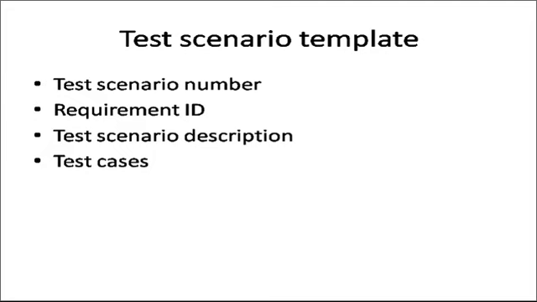Then write all those test scenarios in the test scenario template, and finally get it checked by your friend, your classmate, and finally your course teacher. So in this way, in this video we have learned experiment number 1 of the software testing and quality assurance laboratory. Thank you.